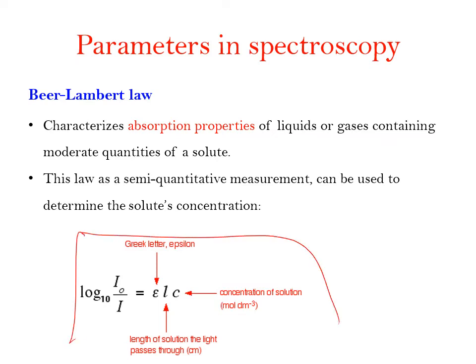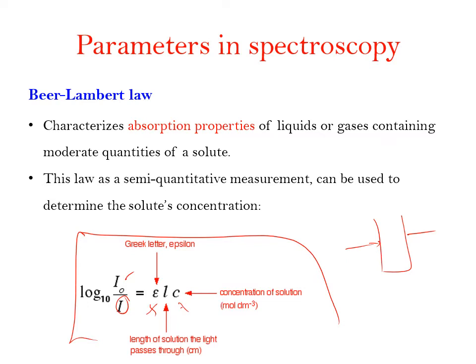So the log of incident light divided by transmitted light can be related to the molar extinction coefficient, epsilon, the length of the solution, or the length that the light travels within the solution, times the concentration.